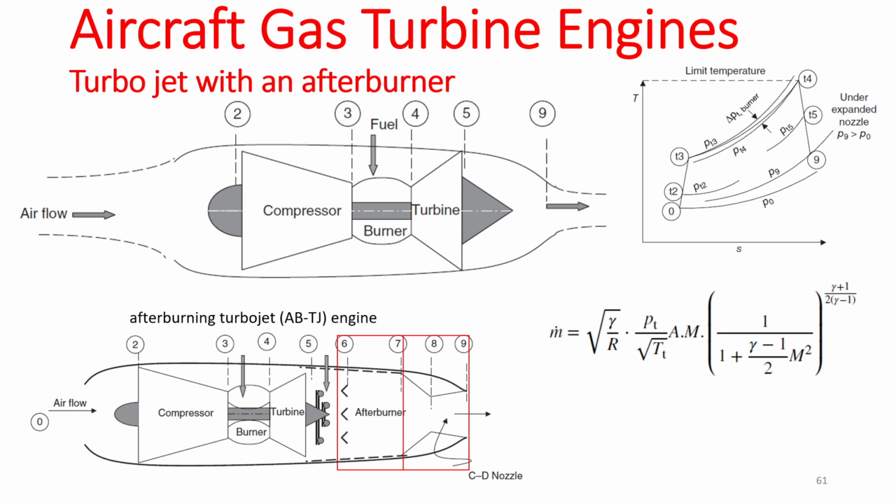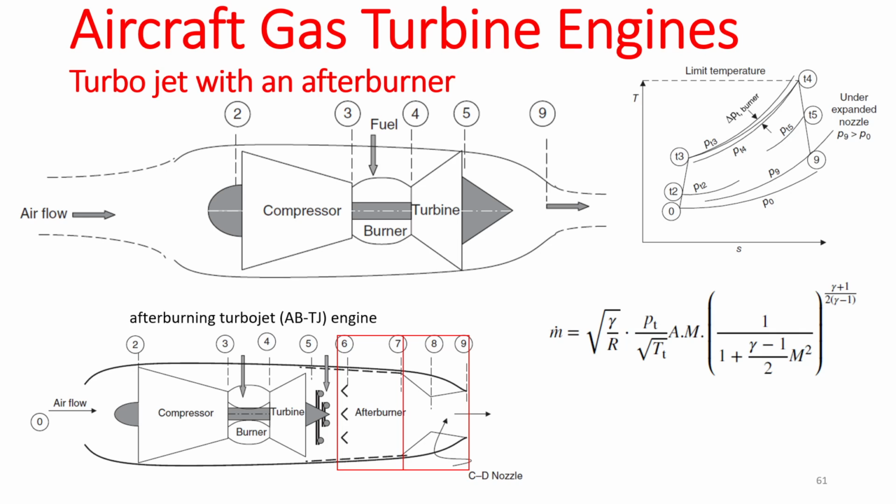But the question you want to answer is which part of this is the main variable other than the area. We know we have to change the area to keep the m dot constant, right? Or to better ask the question, which part of this is the main variable as far as turning the afterburner on and off is concerned?